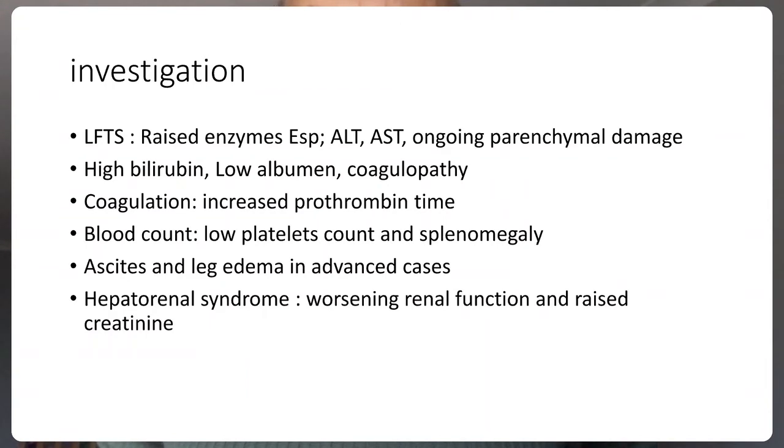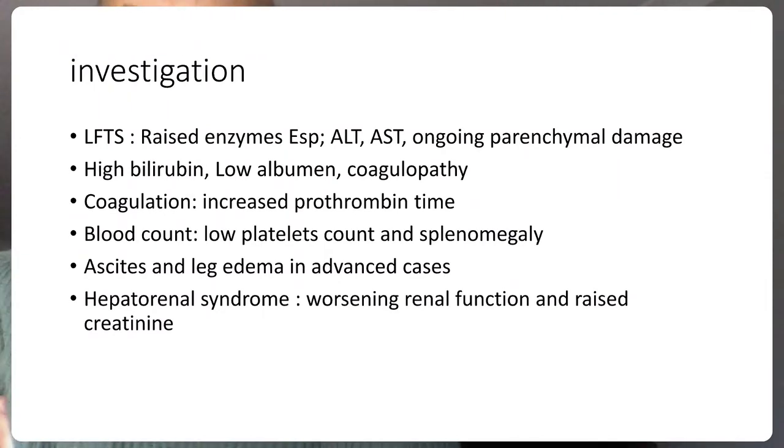Other indicators can appear as well, and also the APTT could be elevated, but that's not standardized to measure liver function tests. And then we look at their blood counts, and it's important on the blood count not only to look at the anemia if they need blood transfusion, but we also look at the number of the platelets.